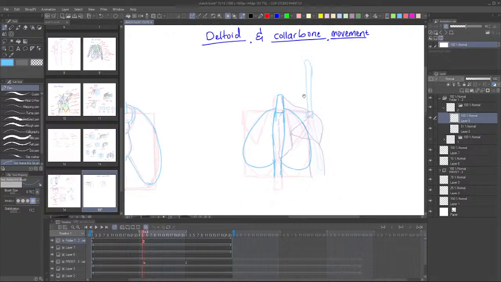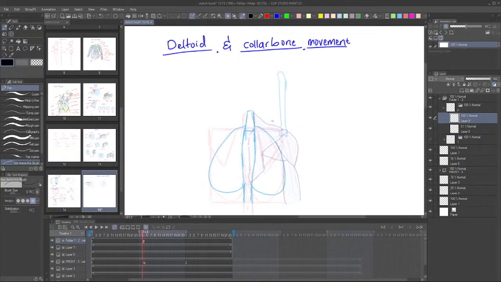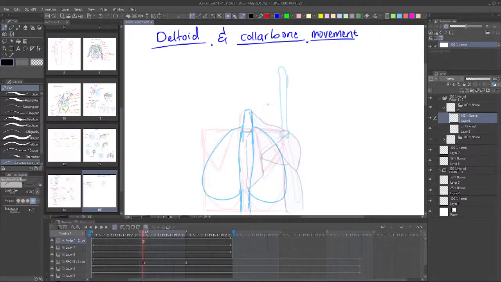So we say that when we raise our hands, the whole deltoid will face at the back.